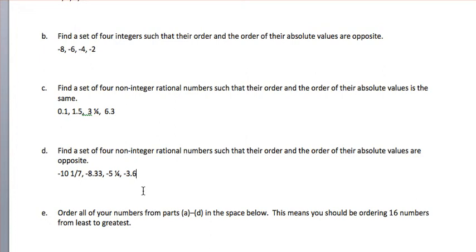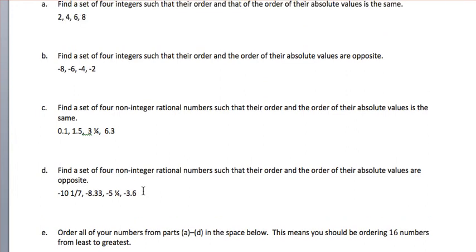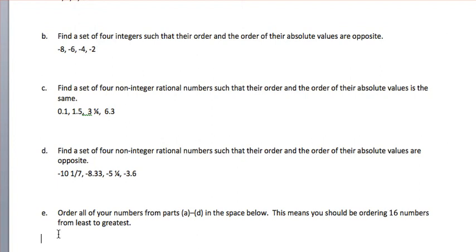Then it asks us to order all of our numbers from A through D, and there'll be 16 of those numbers from least to greatest. So the lowest, the least value, would be -10 and 1/7.